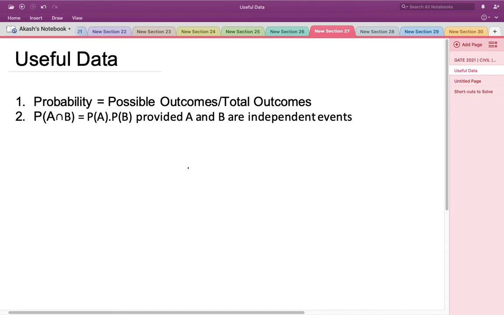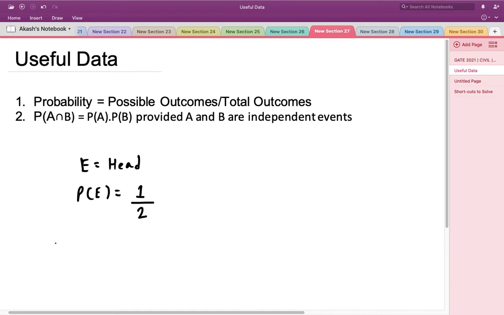For example, if I am flipping a coin to get a head, then my event corresponds to getting a head, and the probability of this event would be given by the possible outcomes, that is 1, because there is only one head in the coin, and the total number of outcomes would be 2, because when I flip a coin I could get either a head or a tail. So the probability of the event E of getting a head would be 1 by 2.